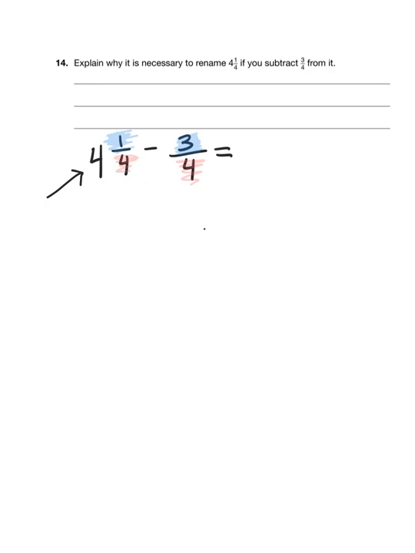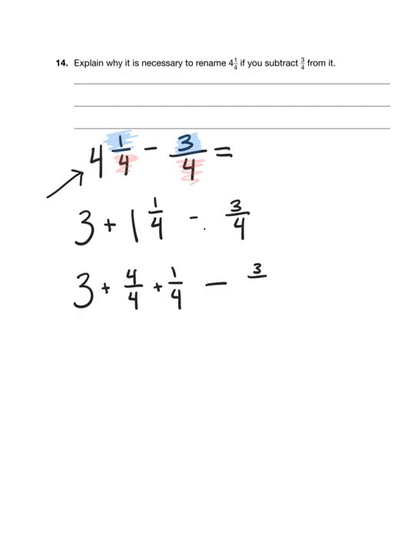I'm going to rename 4 1/4, and I'm going to call it 3 plus 1 1/4 minus 3/4. Then I'm going to say, well, 3 plus 4/4 plus 1/4 minus 3/4. I can do that.